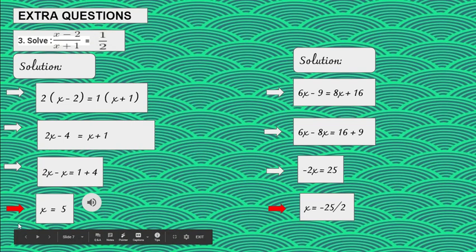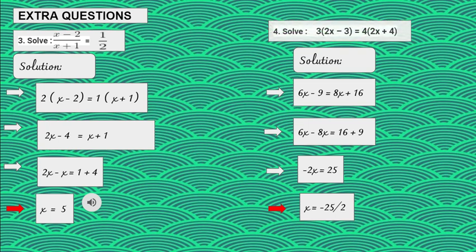The third question is solve x minus 2 upon x plus 1 is equal to 1 upon 2. And the fourth question is solve 3 into 2x minus 3 is equal to 4 into 2x plus 4. Only 4 questions are given. You solve yourself and check your answers.